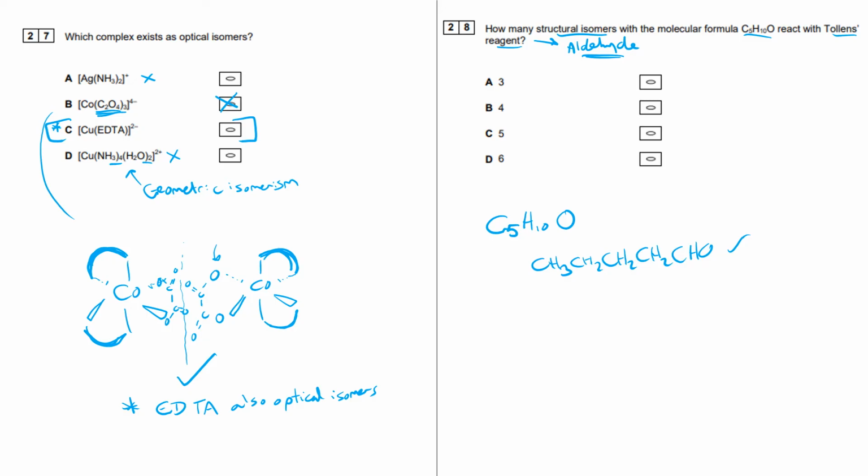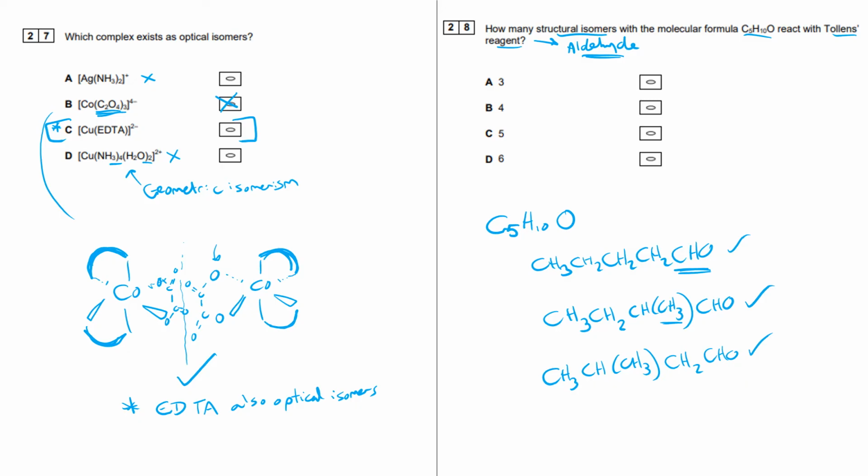Then we're trying to make structural isomers, so we're going to have to keep the aldehyde group. So you could have 4 carbons in a row with the second carbon having a methyl group. So you're going to have 2-methylbutanal there. The methyl group could also be on the third carbon. So you could have 3-methylbutanal, which would react.